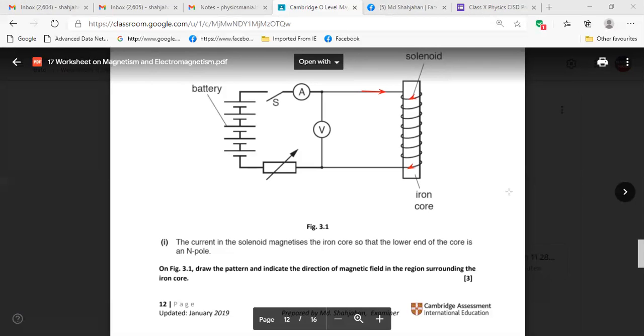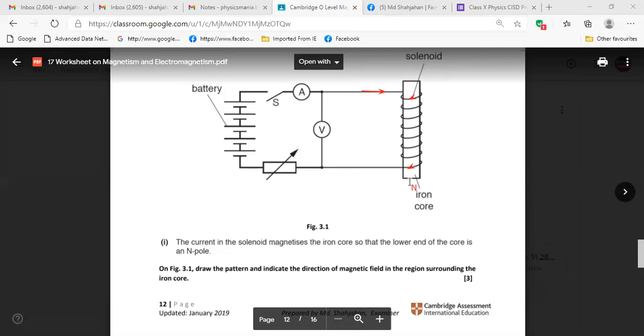Yes. So your thumb will be downward. That means your north pole will be here, right? You will label here north pole N.